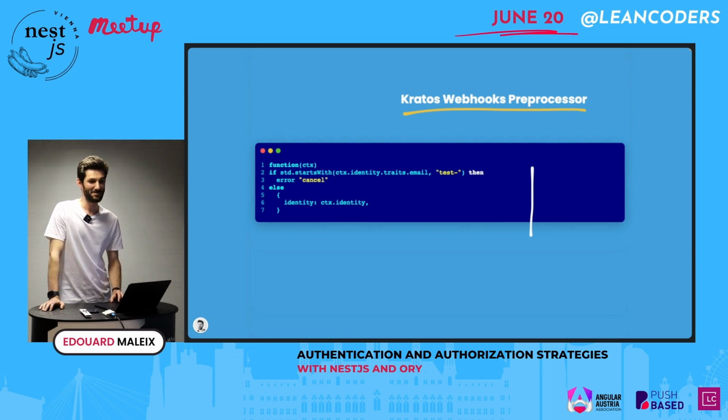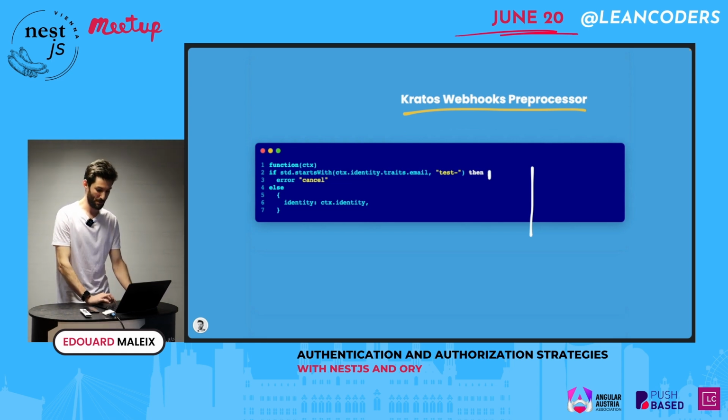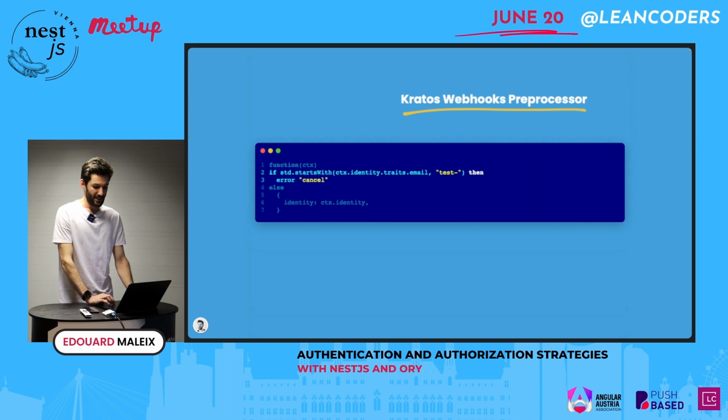This is Jsonnet. So yeah, that's very strange. It mixes data structure and a bit of logic, as you can see here. I think it was created by Grafana, but you should ask Google or whatever to get the truth of it. So here what it does, it will evaluate the identity passed in the webhook.